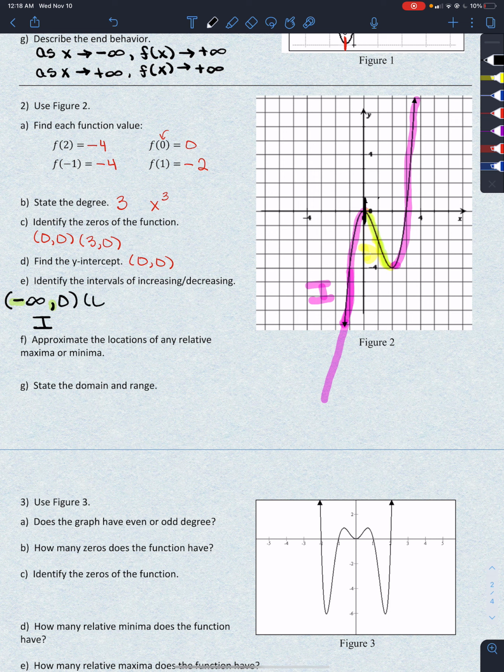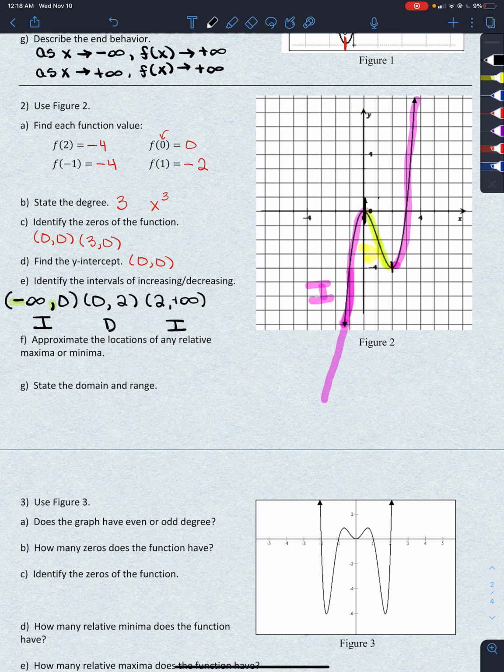Then from 0 to where the x value is 2, the graph was decreasing. And then from 2 to positive infinity, the graph is then again increasing. Okay.